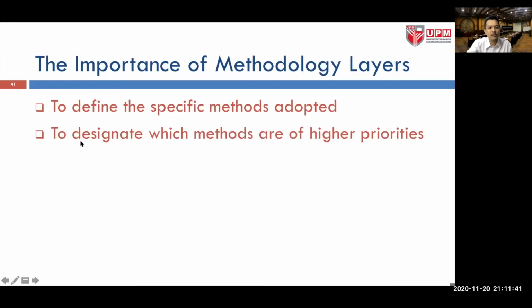So the methodology layer also will help you to designate which methods are of higher priorities. Right? Some students will mix between numerical analysis as well as experimental work, because to do experiment is expensive, right?